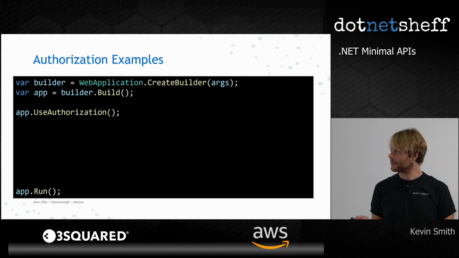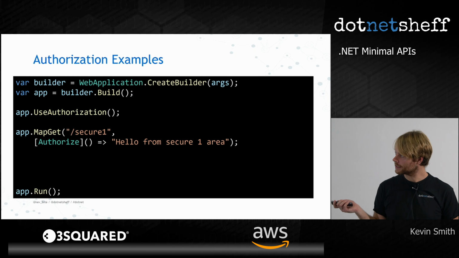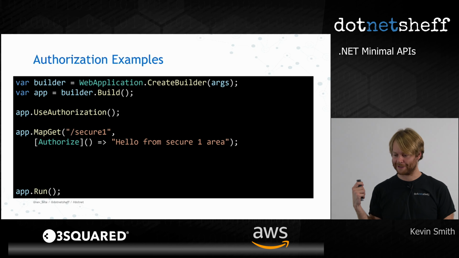And then the next bit is just authorization. Authorization is simplified, and you can use this in the normal ASP.NET stuff as well. Oh no, sorry, I was thinking about .NET 7 features.